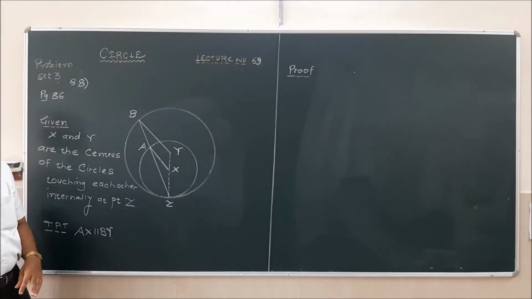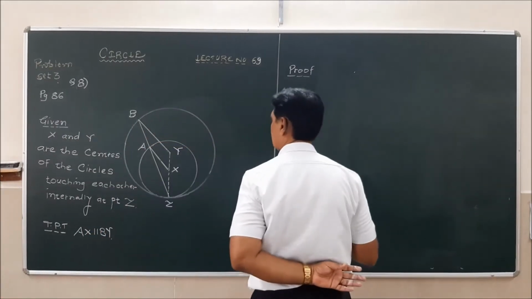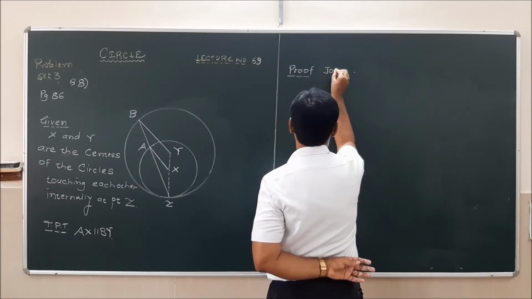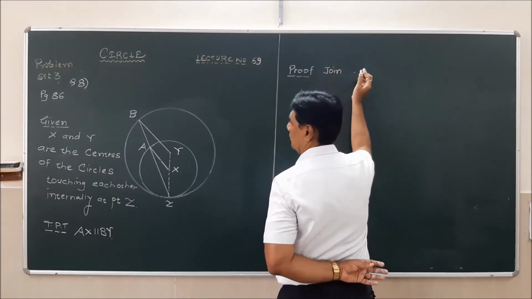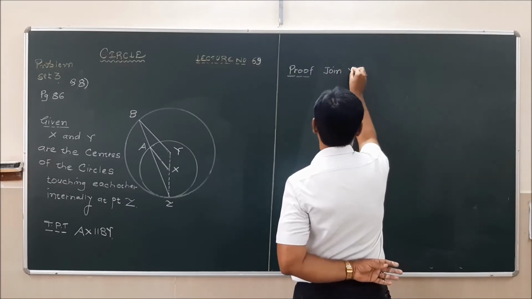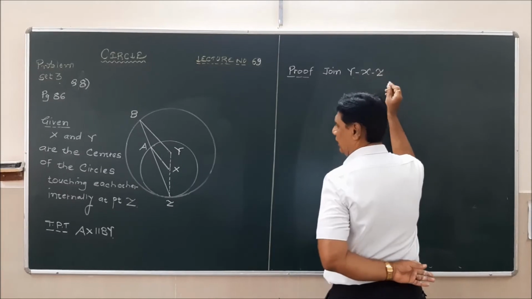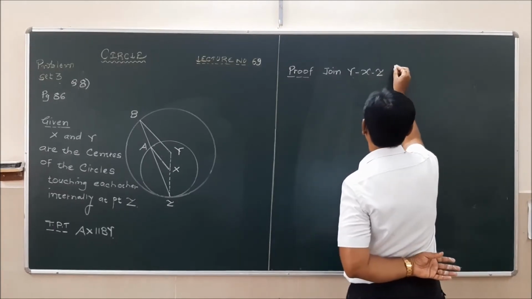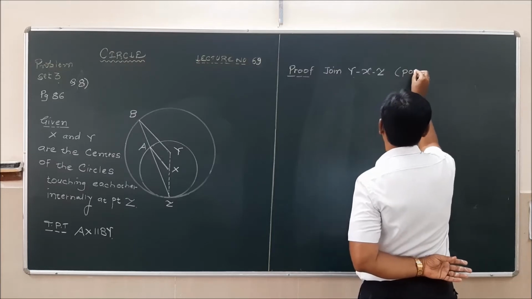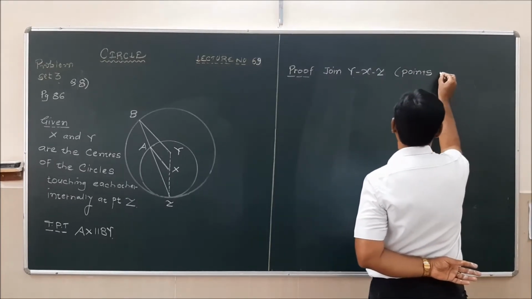Join X, Y, Z. This is our construction. Points Y, X, Z are collinear.